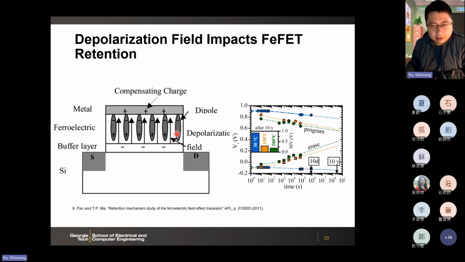In this case, if the dipoles are like this, then you have some negative charge to neutralize the positive dipoles here. So then this creates a field that is opposite to the dipole's orientation. This is called depolarization field. So this field internal to the device will tend to flip back the dipoles. So this will cause the degradation of the retention over time.